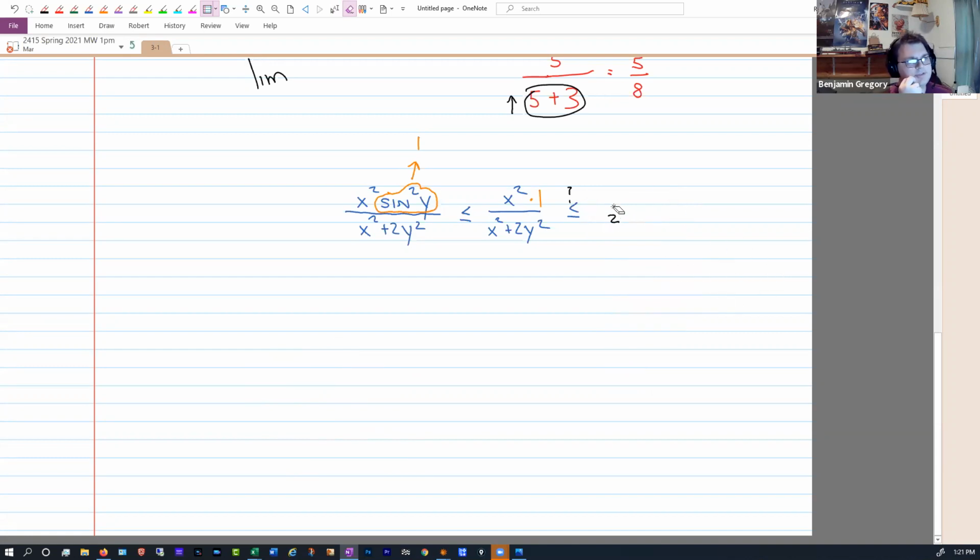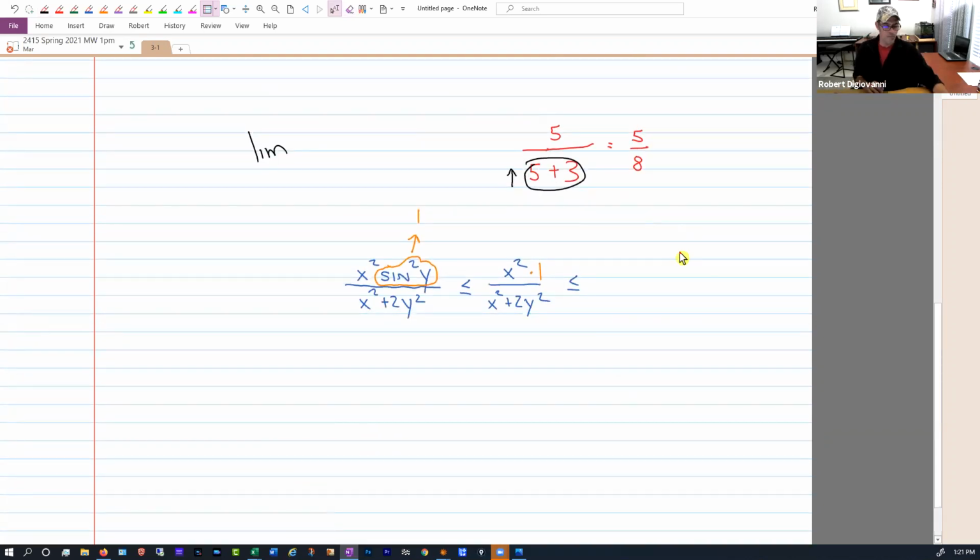Can you make your own 0 in the numerator? How do you mean? Like if you were to make the top x squared plus 2y squared minus 2y squared, and then split it up.